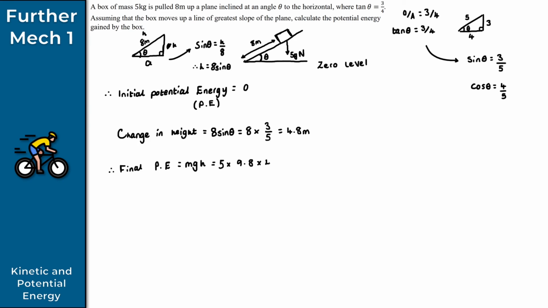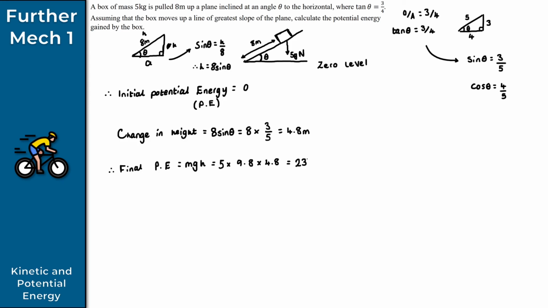Just put all this into your calculator. So 5 times 9.8 times 4.8 gives me 235.2 there.